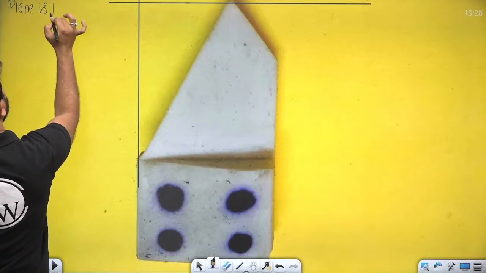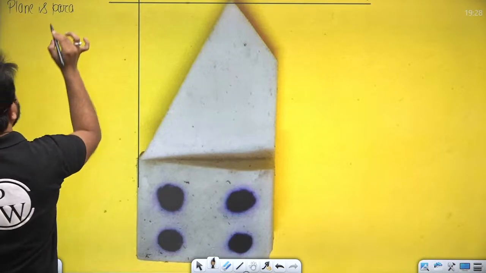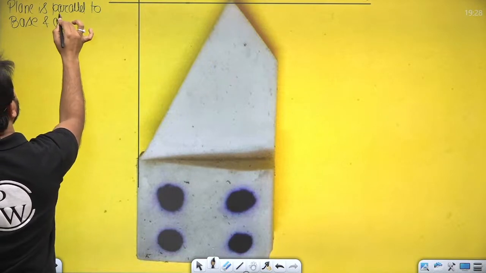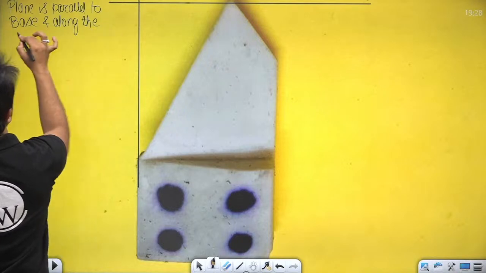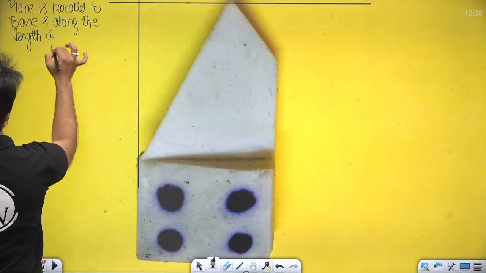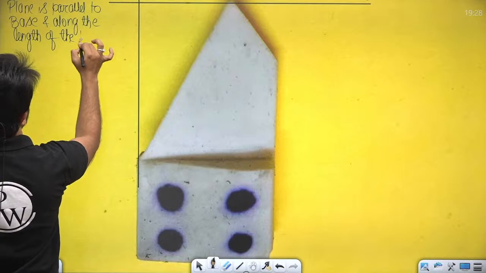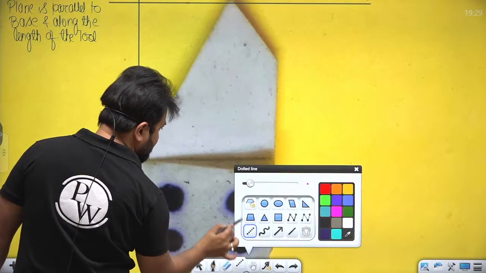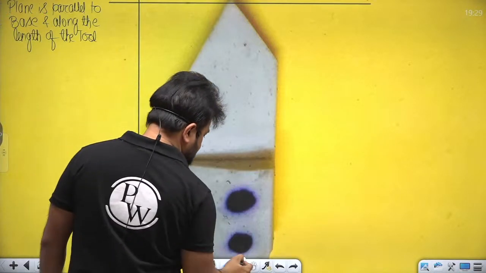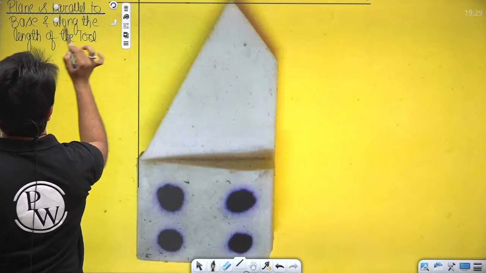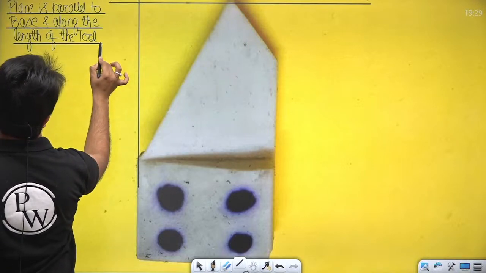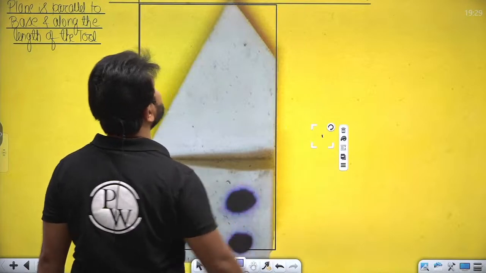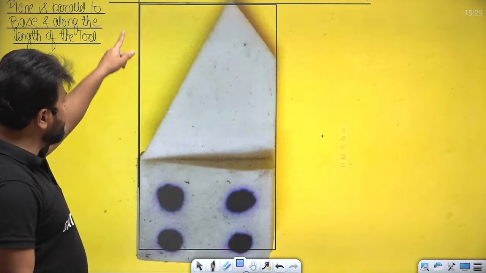So this is the plane, my dear, which I'm talking about, a plane which is parallel to the base and along the length of the tool.